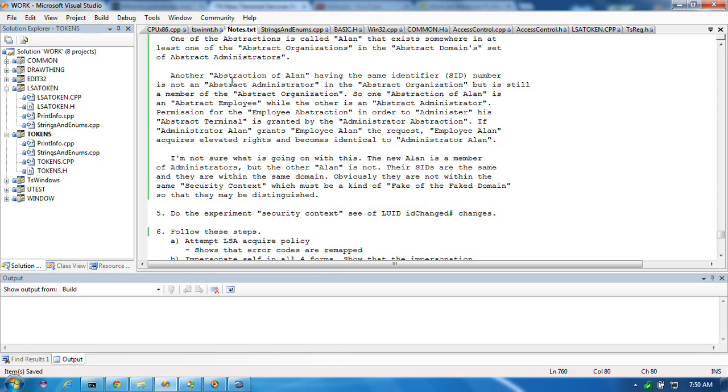Now, there's another abstraction, also labeled Alan, having the same identifier number, but it is not one of those abstract administrators in the abstract organization, but is still a member of the abstract organization.